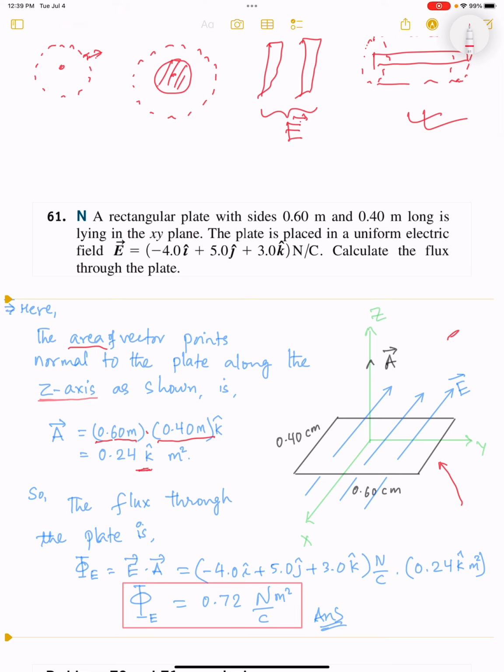Now you can find the flux through the plate. Flux is just E dot A. The electric flux is denoted by phi with E in the subscript.